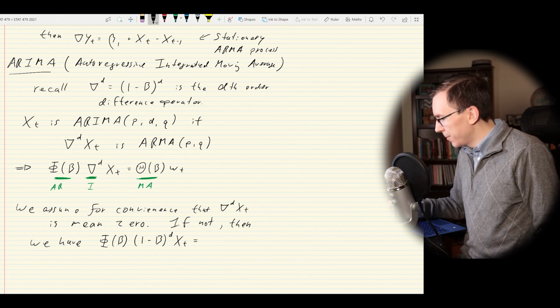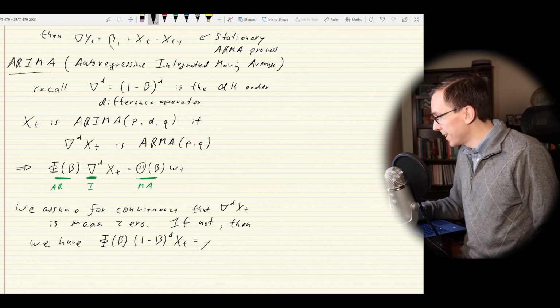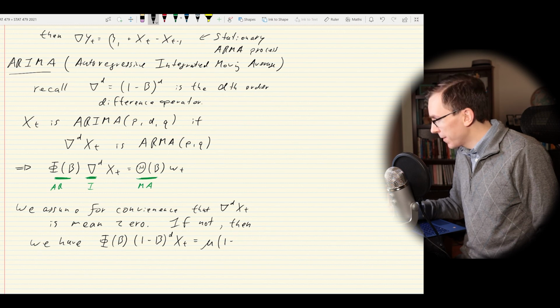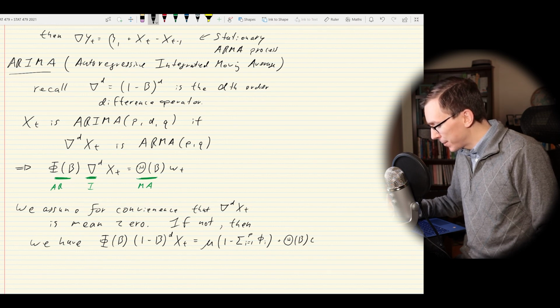Anyway, we have that. And then on the right-hand side we're going to have two pieces: mu times (1 minus the sum from i equals 1 to p of phi_i), and then we add to that capital Theta of B applied to w_t.